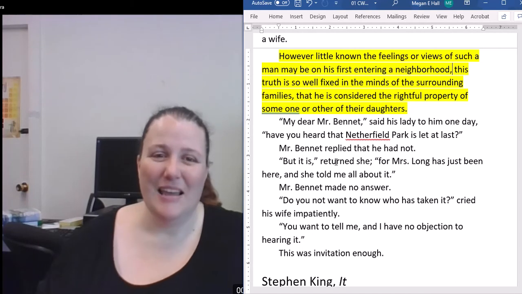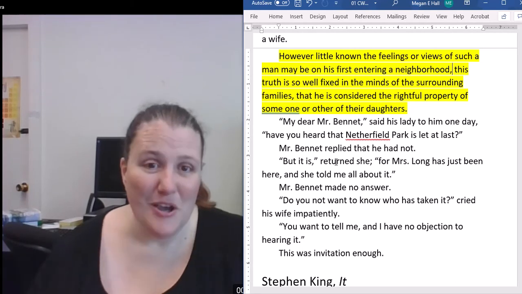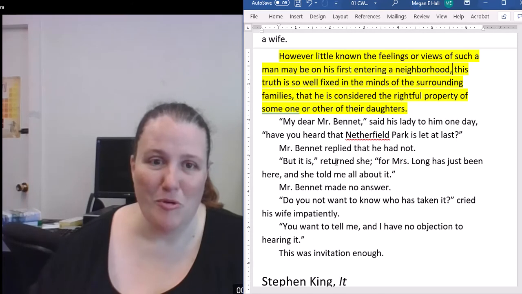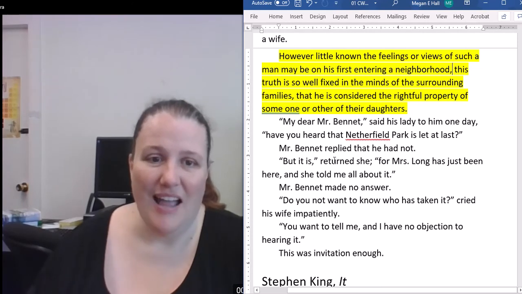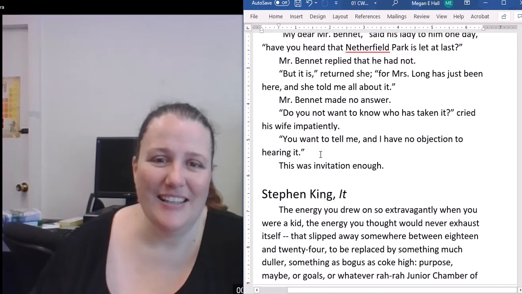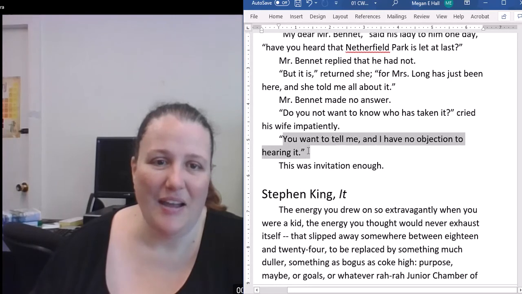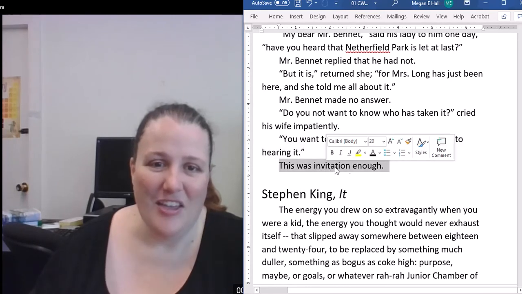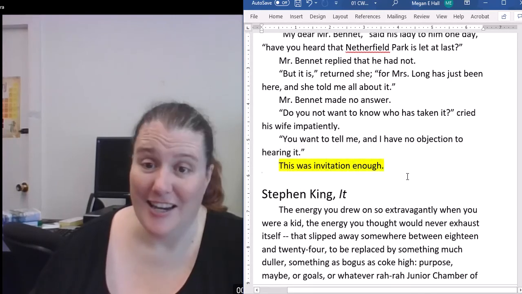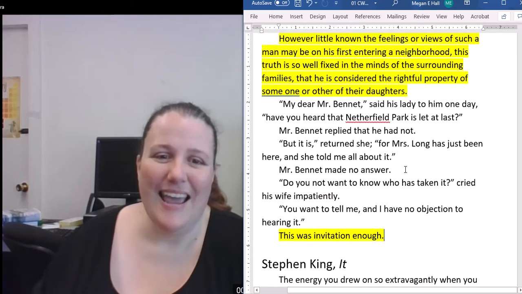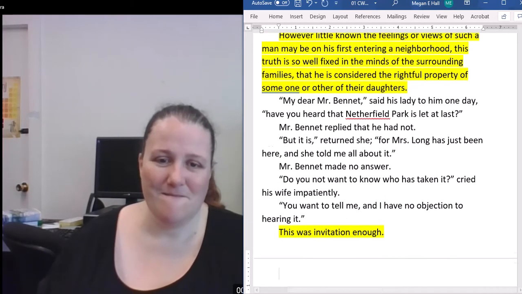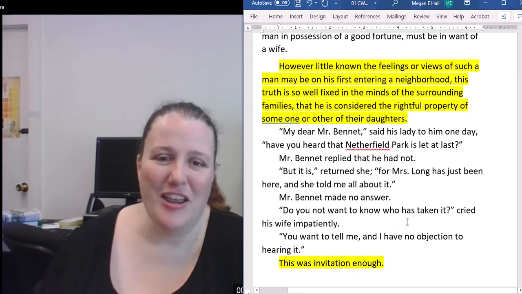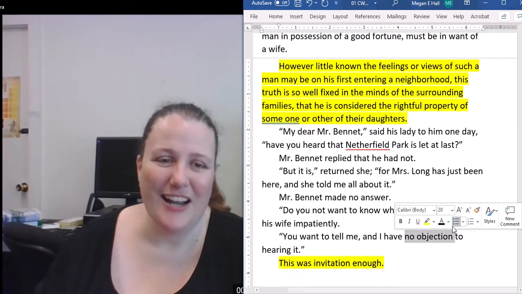She's asking him if he knows who has just moved in. And he says that he does not know. And then he finally says, well, you want to tell me, and I have no objection to hearing it. And then the narrator says, that was invitation enough. Meaning he gave her enough of an invitation saying he has no objection.